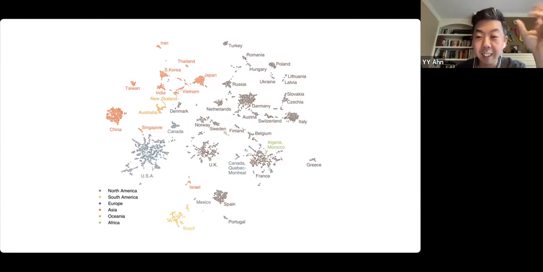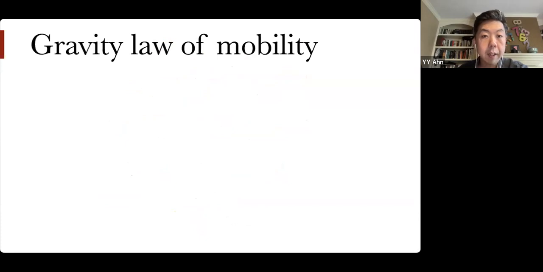You can see religious or cultural groups together. For instance, Portugal and Brazil are closer, and all the Spanish speaking countries are closer together, and so on. So this makes a lot of sense.